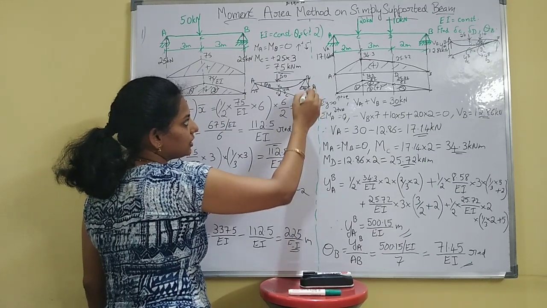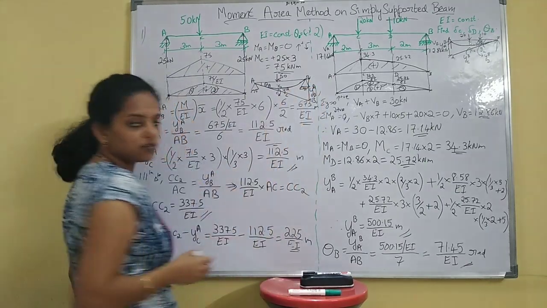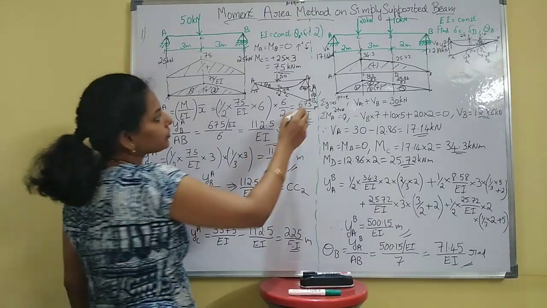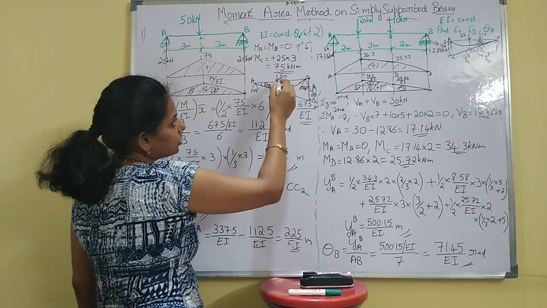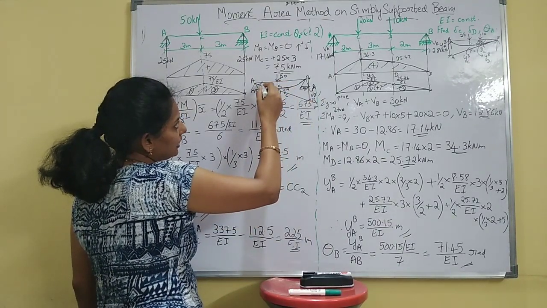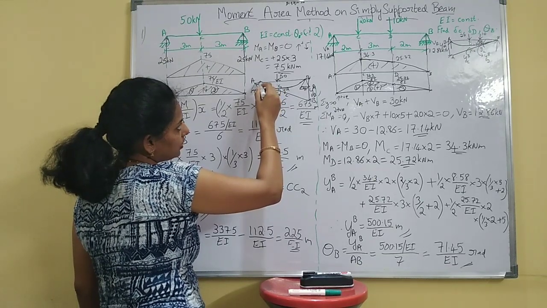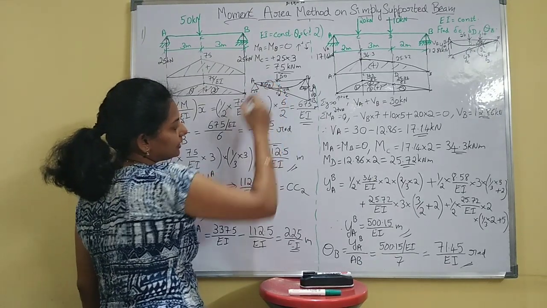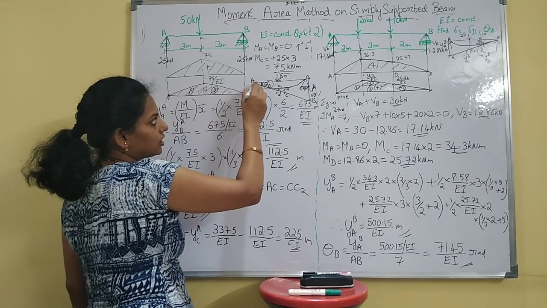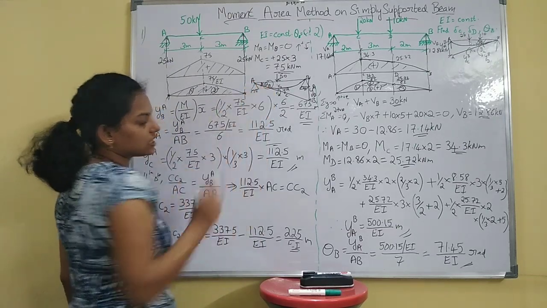This is nothing but the deflection at B, YBA. Next, this angle is your angle theta, that is theta A.